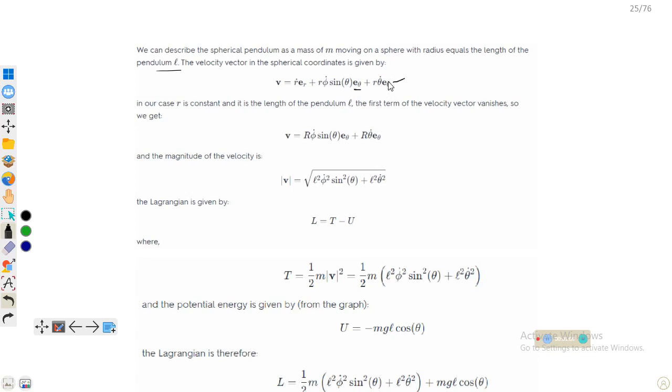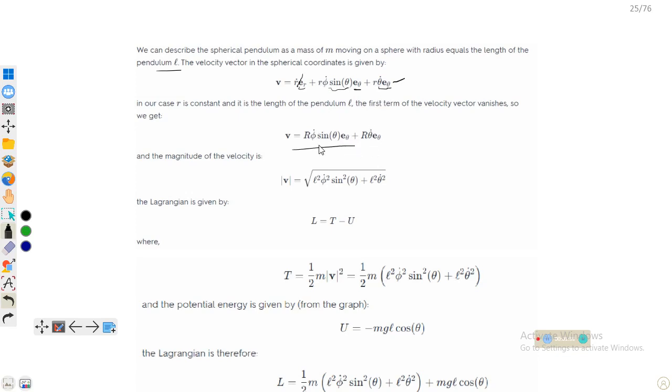These are the components of the velocity vector in spherical polar coordinates. In our case, r is constant and it is the length of the pendulum, L. The first term of the velocity vector vanishes because r dot is zero, as the radius is constant, and the radius is equal to capital R, so it can be replaced by R phi dot sin theta e_phi plus this whole term.